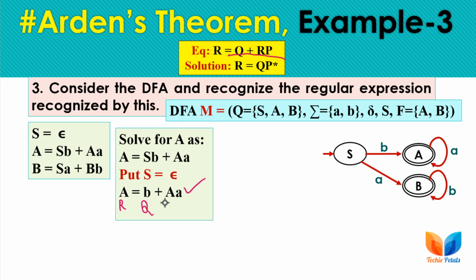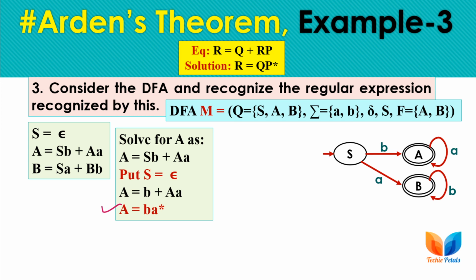So this is Q and this is again R and this A is P. So we can directly write the solution for this equation as QP star. Q is B here and P is A here, so we are writing the solution as BA star here. So this is the solution for the complete A after equating with Arden's equation.